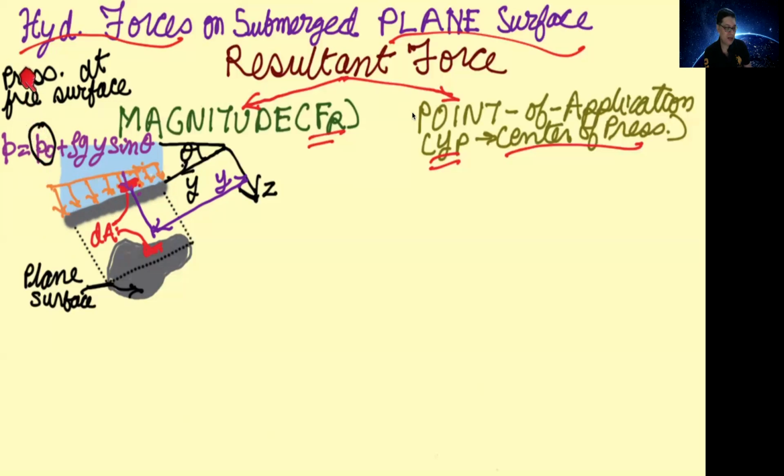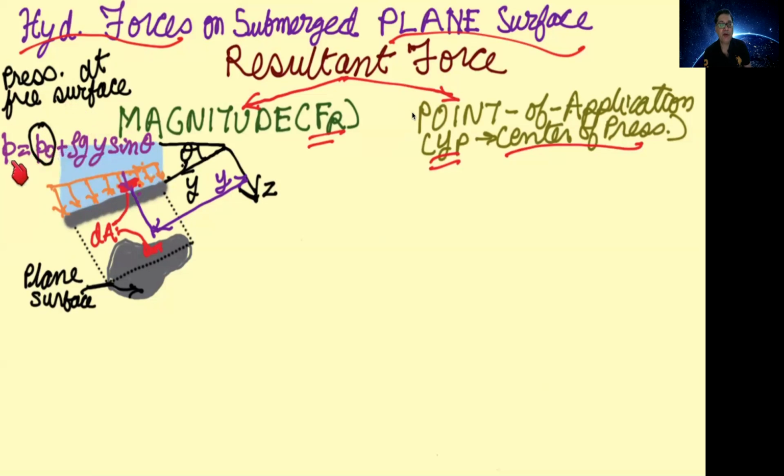For most of the problems, this P naught is equal to the atmospheric pressure. But if the free surface is exposed to a gas which is at a different pressure than atmospheric, so we are taking a general case, but in most cases, this P naught is atmospheric pressure.